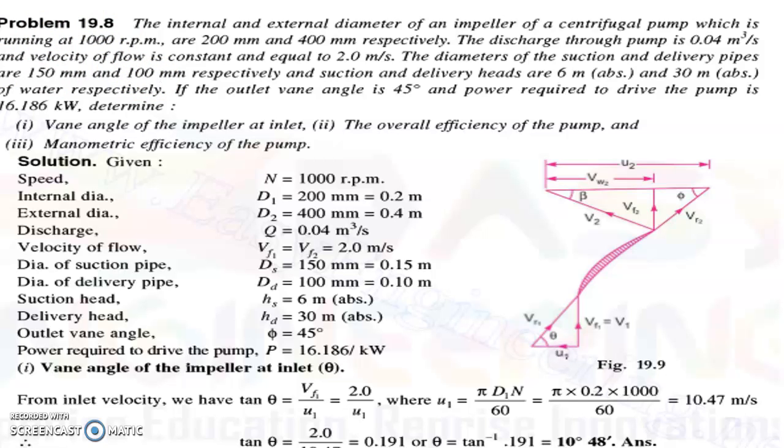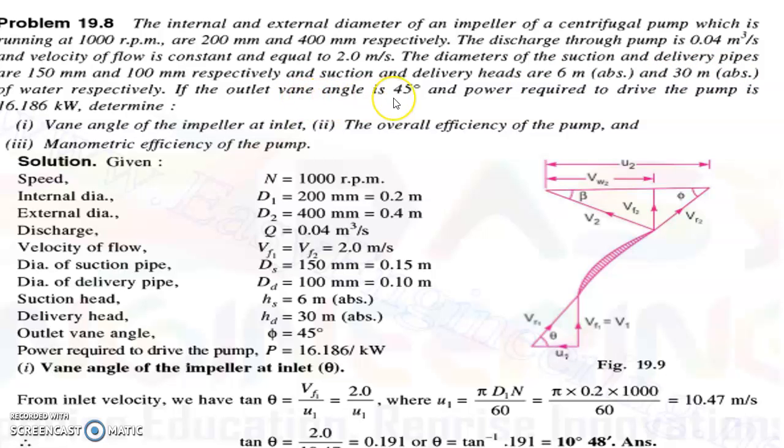Now the diameter of the suction pipe and delivery pipe of the centrifugal pump is given. The diameter of the suction pipe, denoted by capital DS, is equal to 150 mm, that can be written as 0.15 meter, and the diameter of the delivery pipe is 100 mm, that can be written as 0.10 meter. Next, suction and delivery heads are given. Small h suffix s is 6 meter absolute, and small h suffix d, that is delivery head, is 30 meter absolute.